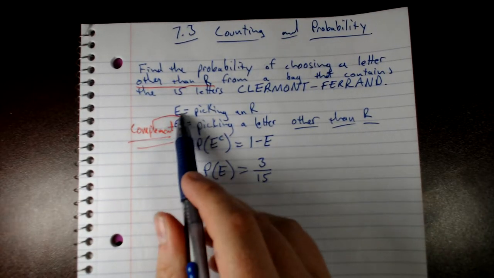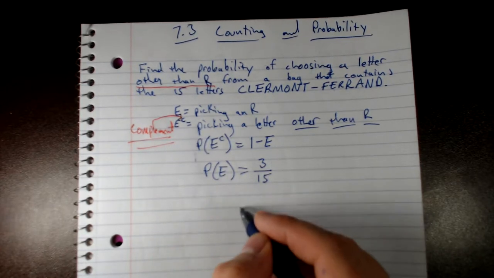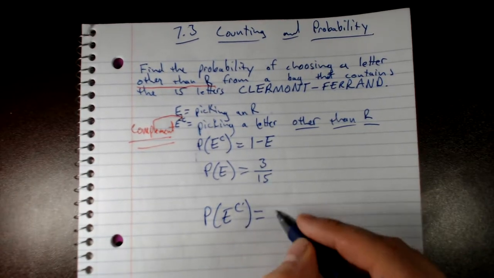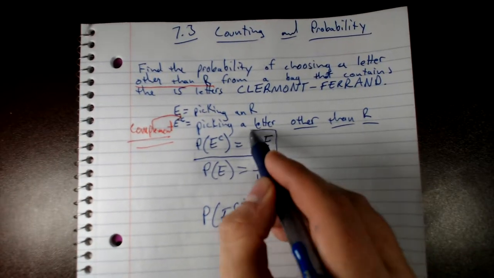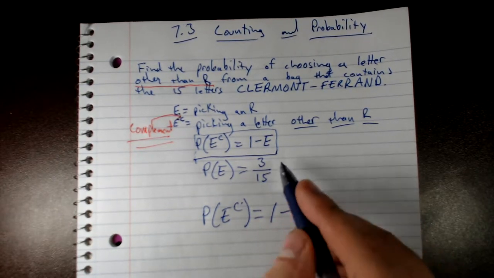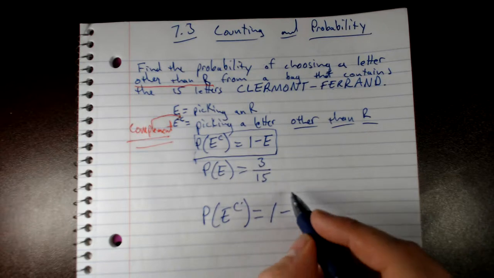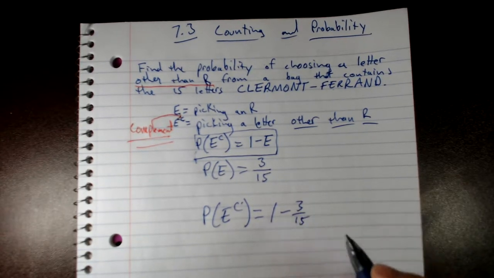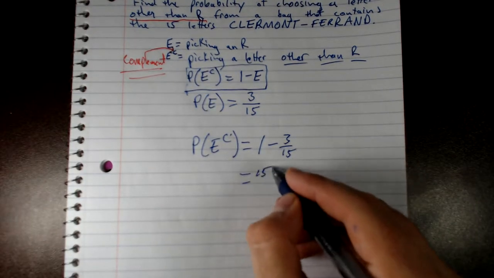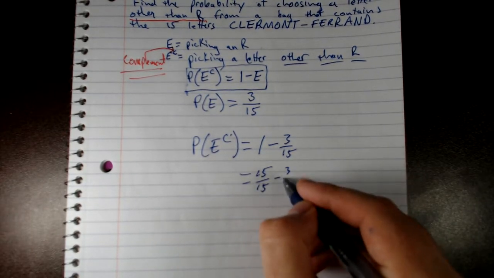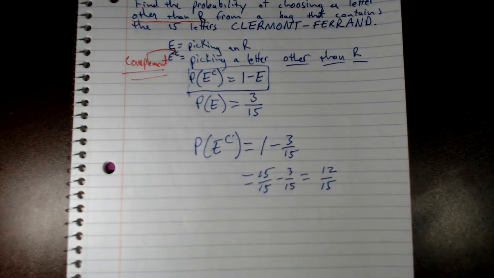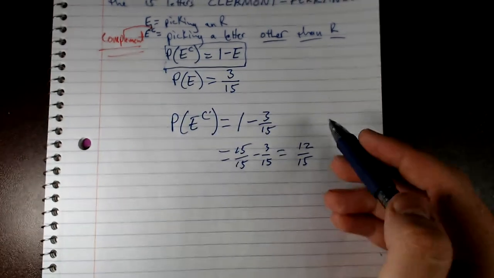To answer the question here, using this formula right here, we take 1 minus our probability of picking an R, which is 3/15. Here's where it helps to know your fractions. We need a common denominator, and we get 12 out of 15, which should make sense.